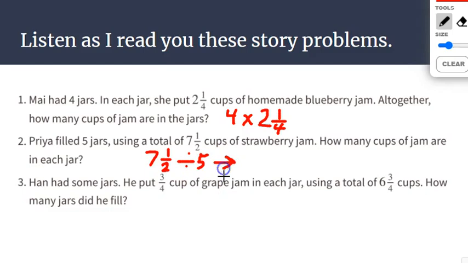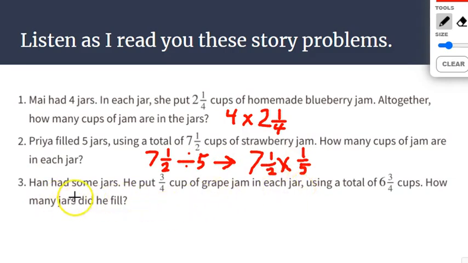We could also think of it as taking the 7 1/2 times what? Yeah, 1/5, right? Because multiplying by 1/5 would be the same as dividing by 5.